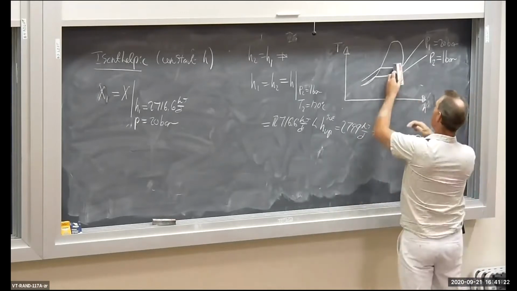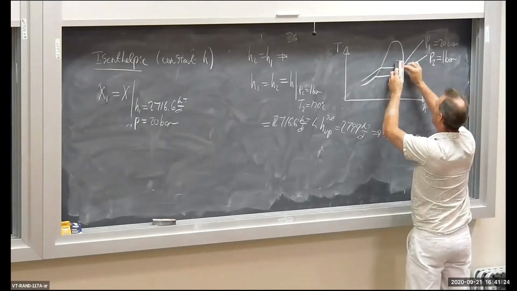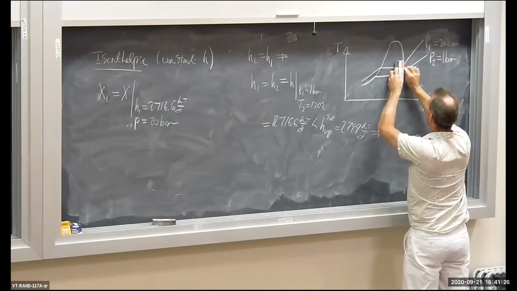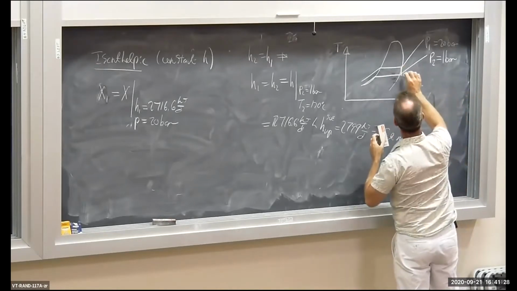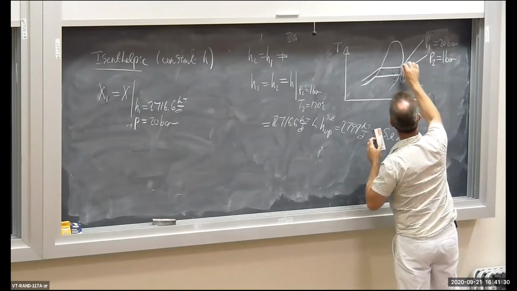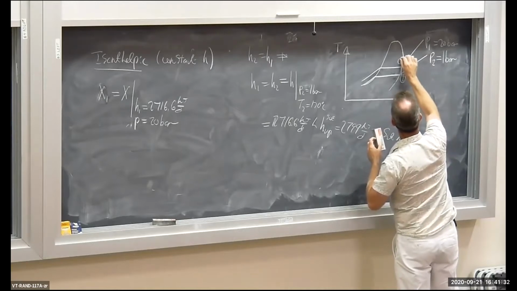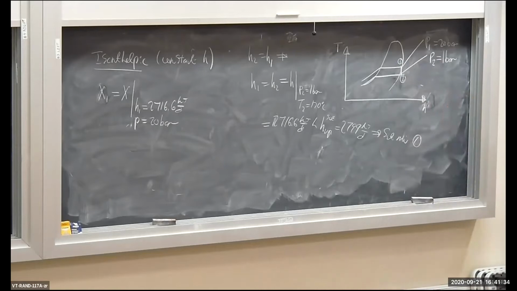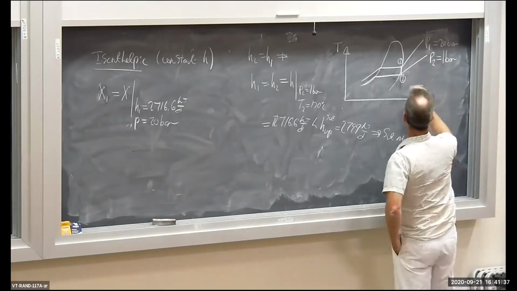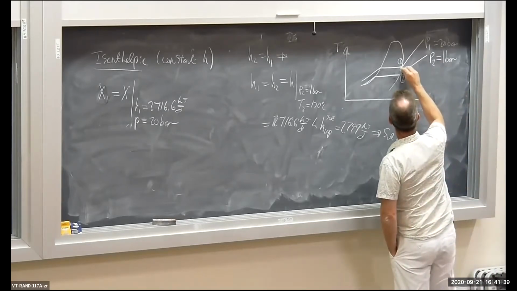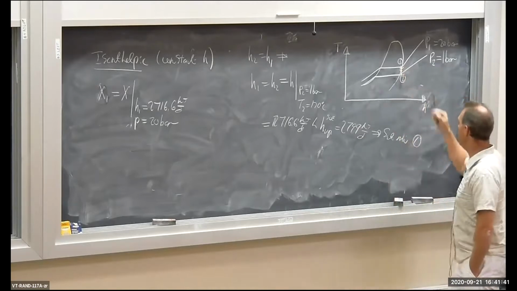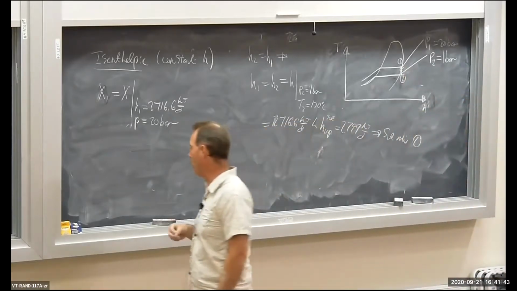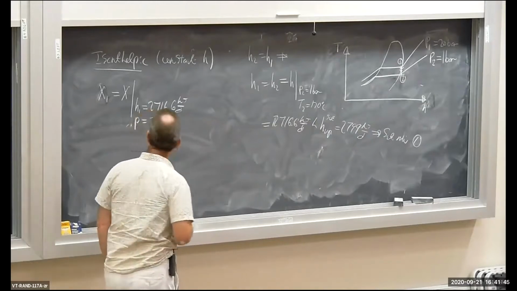So this isenthalpic process: here's state 2, and here's state 1. That's the process, a downward movement from state 1 to state 2, the isenthalpic process, and it's a saturated mix.